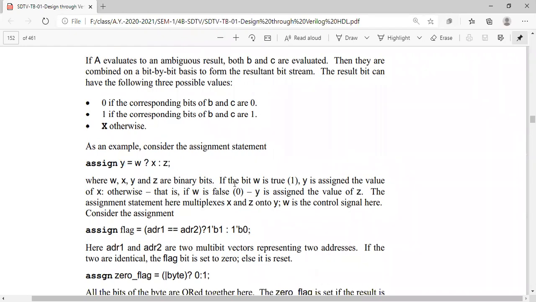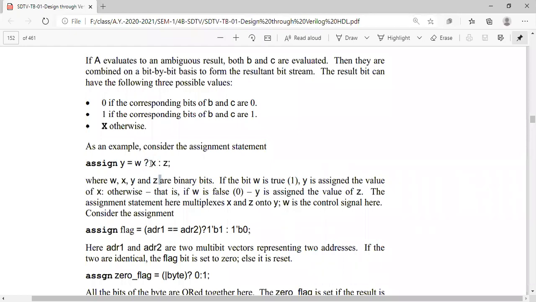See here. If the bit w is true, that means after evaluating this total expression w, if you get the result as 1, then x will be evaluated. So y is assigned the value of x. This x may be a single bit or some expression.